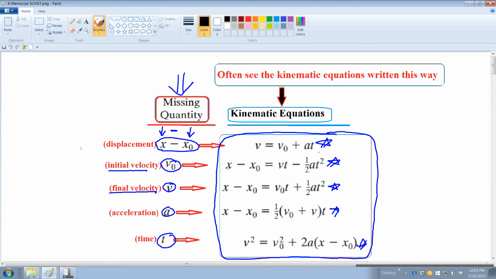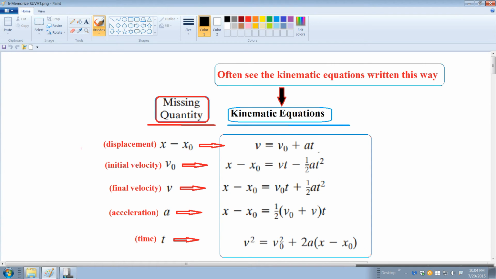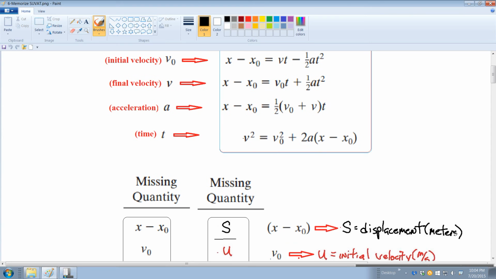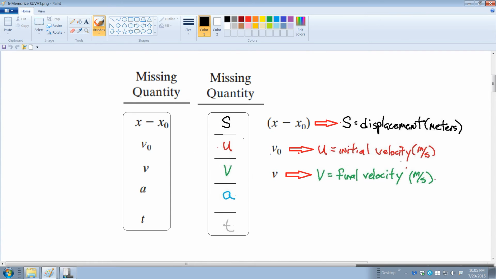That's fine. We're still going to stick to that paradigm with the SUVAT method, but we're going to simplify this. Let's look at why it needs to be simplified. One of the problems is that you've got an x and an x sub naught, a v sub naught and a v.